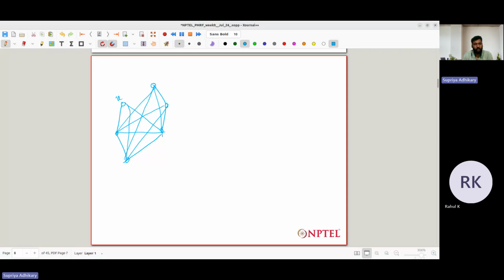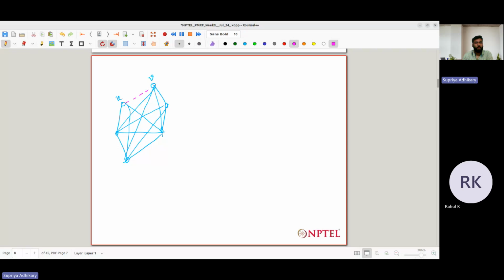Let's say UV is the edge that we have deleted. That means the edge that connects the vertices U and V, we have deleted that particular edge over here.